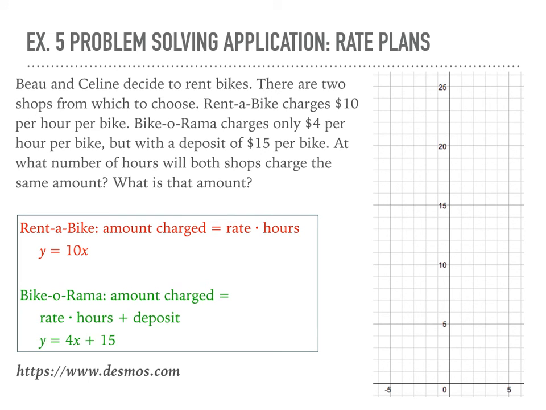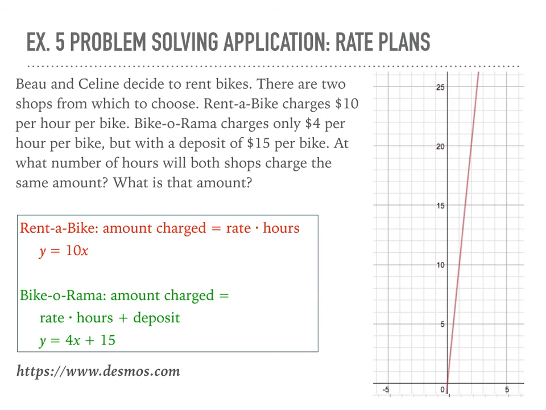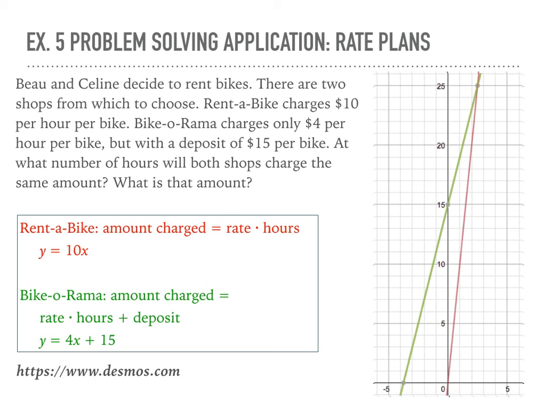All right, so now I will graph y equals 10x using Desmos. And then if I graph y equals 4x plus 15 on the same coordinate plane, I can see there is a solution way up top there. It's a little bit hard to read, but according to Desmos, (2.5, 25) is the solution of the system of equations.